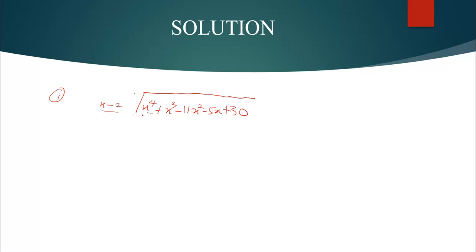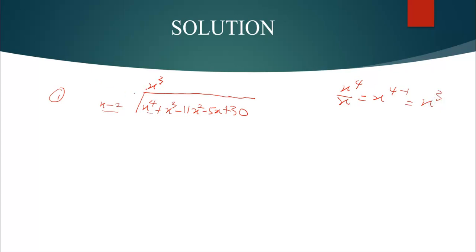X will go into x exponent 4 as x cubed. Take notes. We have x exponent 4 divided by x. By the indices rule, you have x exponent 4 minus 1, which will give us x exponent 3.